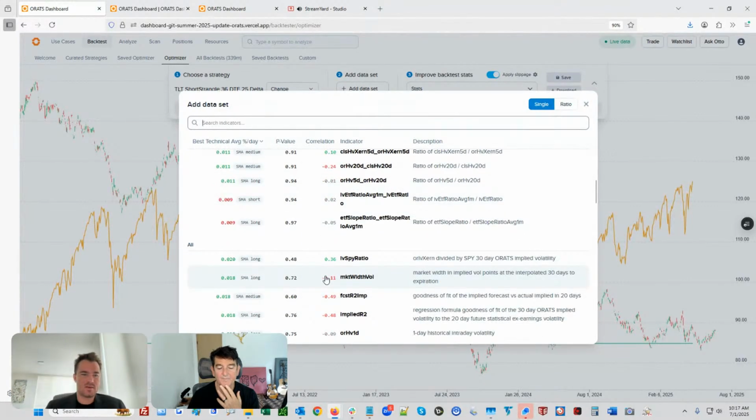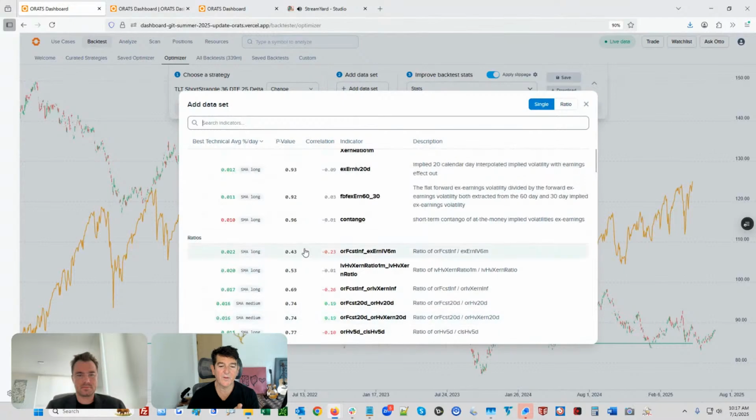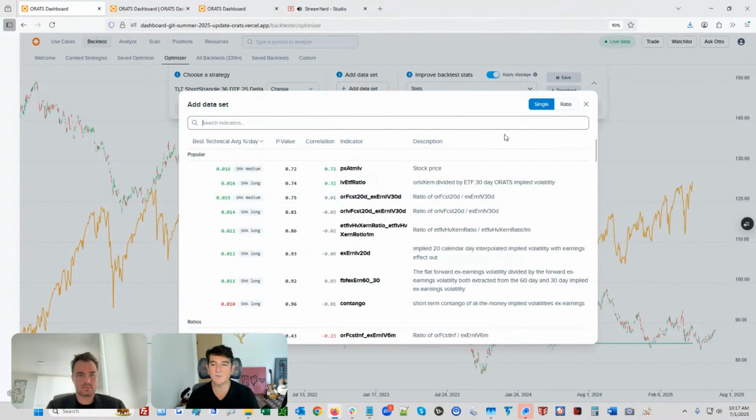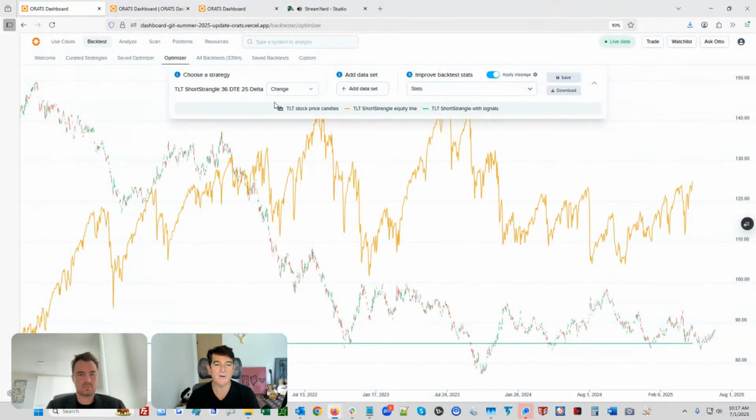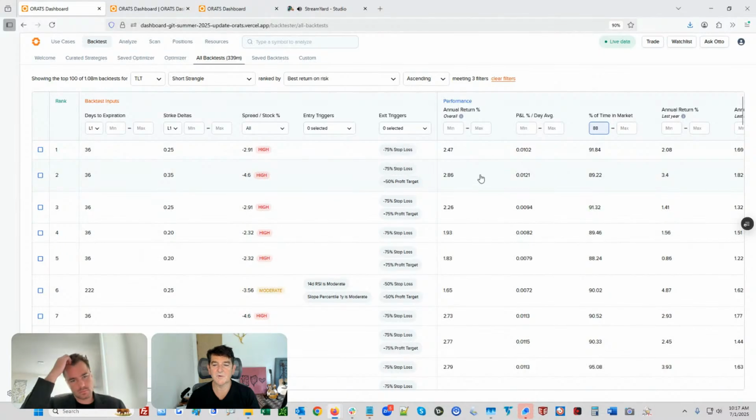We have hundreds of indicators that we're testing. So this one, 43, isn't that good, so you would just move on after that. And then you start to see what backtests might be better or worse for finding these. I like to be in the market more.